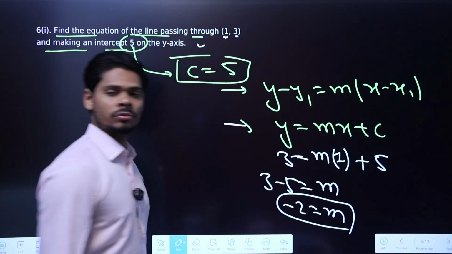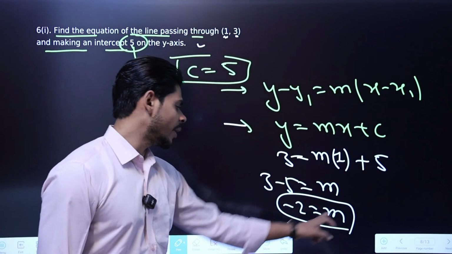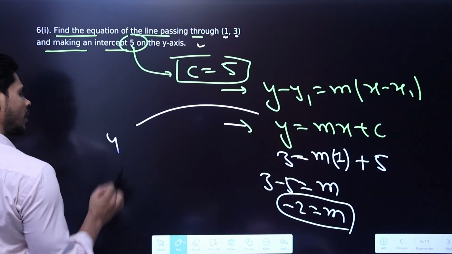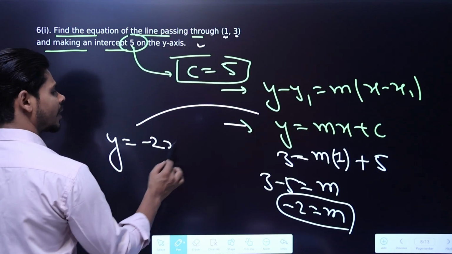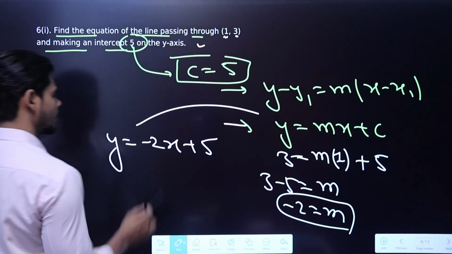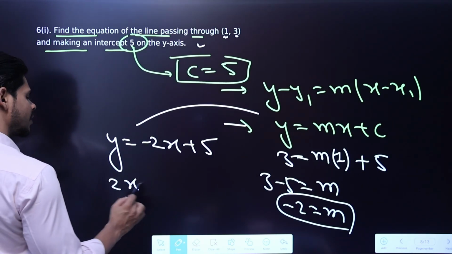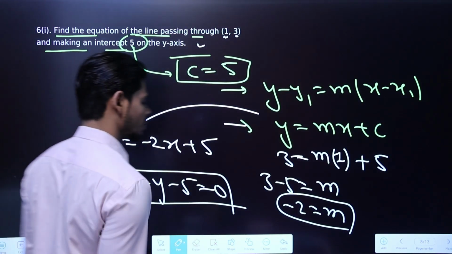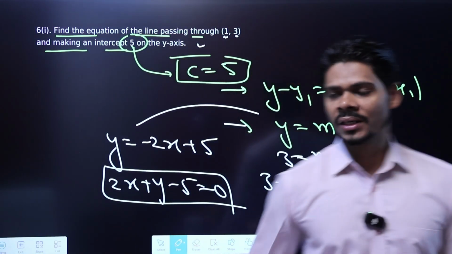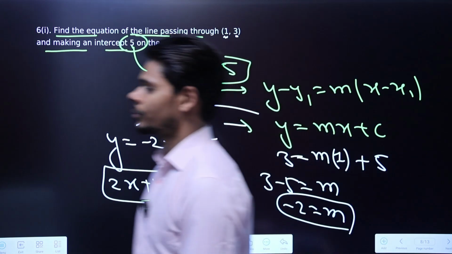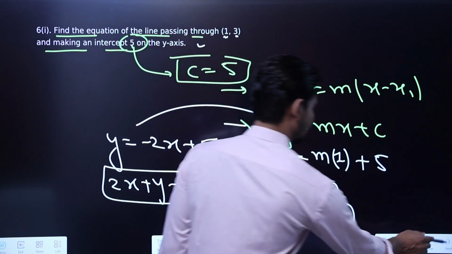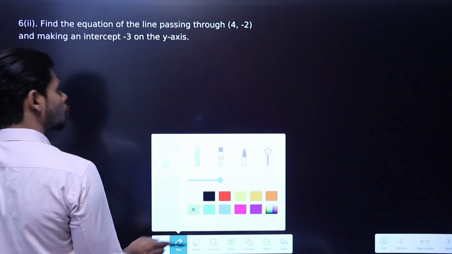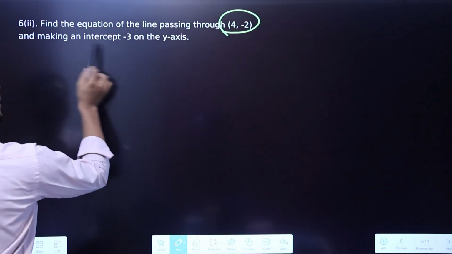Now because you know the slope is minus 2 and c is 5, you can use this thing. Keep y as it is, slope is negative 2, x as it is, and c is 5. So you can say that 2x plus y minus 5 equal to 0. This is your standard form of the equation. I just transposed left to right. Clear?